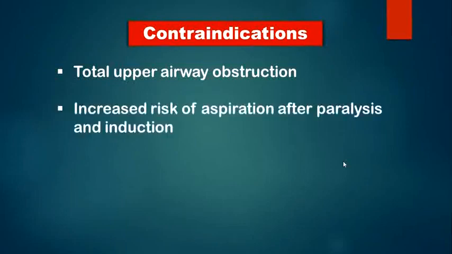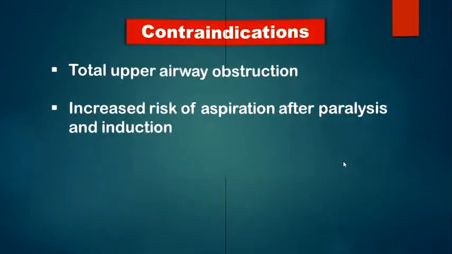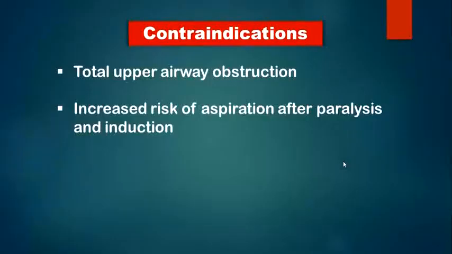Increased risk of aspiration after paralysis and induction of anesthesia. Of course, when you use positive pressure ventilation and the stomach is filled with food, for example with feeding, you give the O2 to the airway, and it will also pass to the stomach.